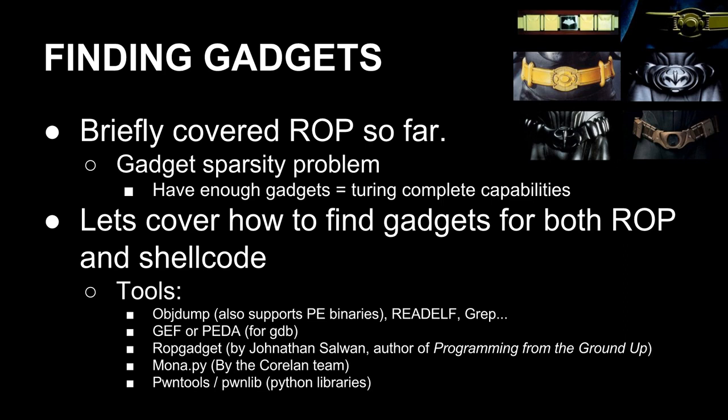ROPgadget is a tool developed by Jonathan Salwan, who is the author of Programming from the Ground Up. It's a fantastic tool and resource. Mona.py definitely deserves mention. It's been developed by the fantastic Corelan team. And pwntools and pwnlib are Python libraries that you can pip install that are worth looking at, especially for their packing convenience.